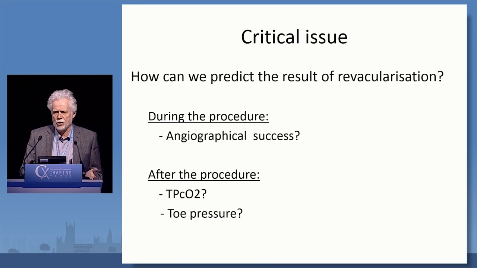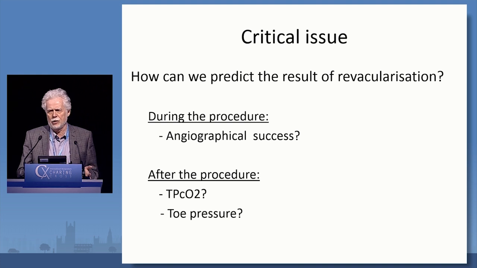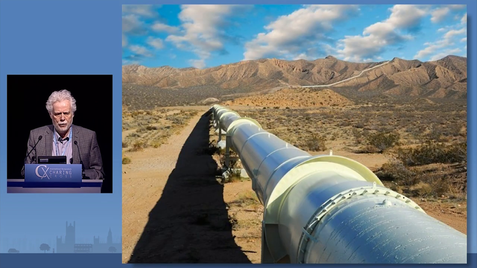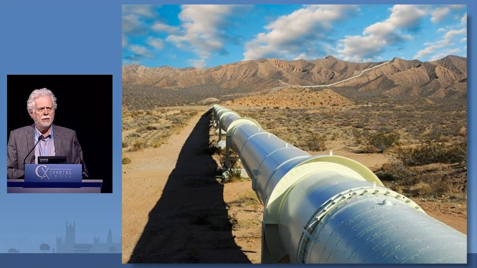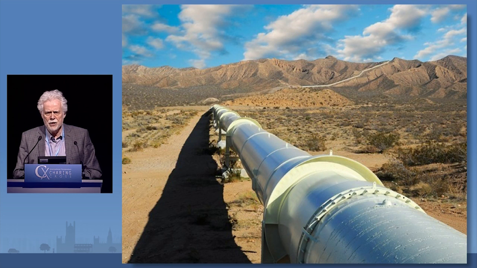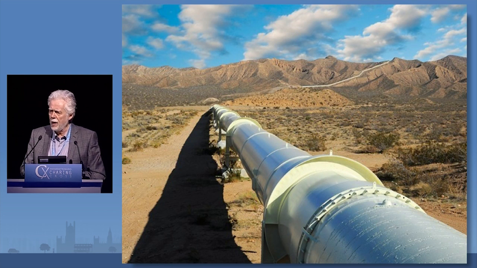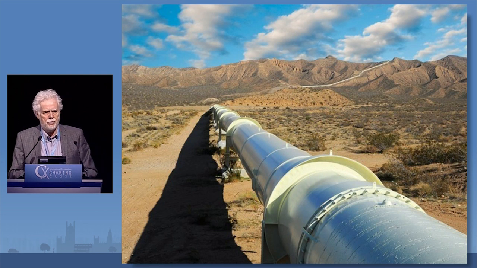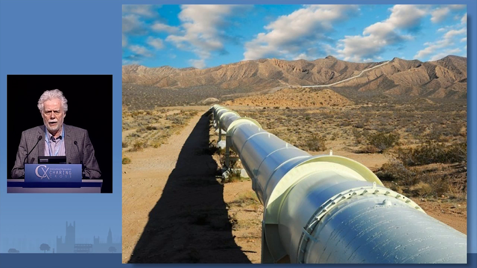We now look at the angiographical success, and I just showed you that's not always a good indication of what's going to happen. We can also look after the procedure at toe pressure and other things, and again, this is probably not what we should do. What this meeting is all about is pipes, making new pipes, making beautiful pipes, with stenting and all sorts of other technologies.